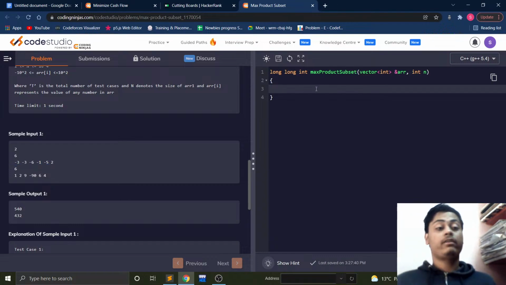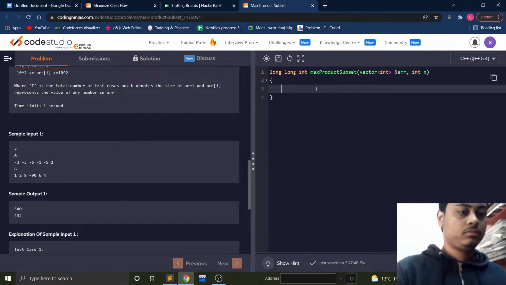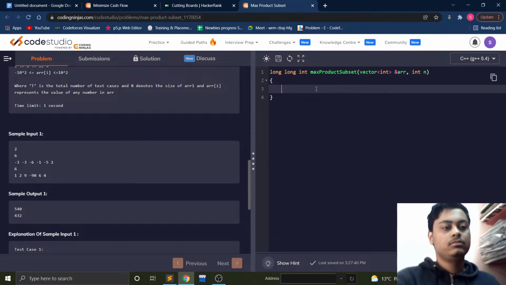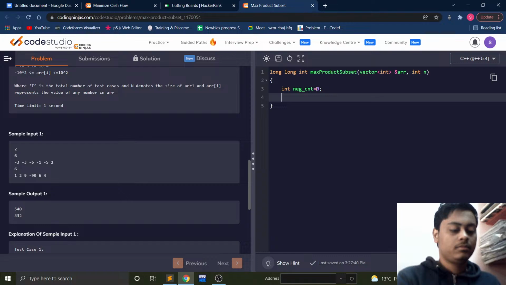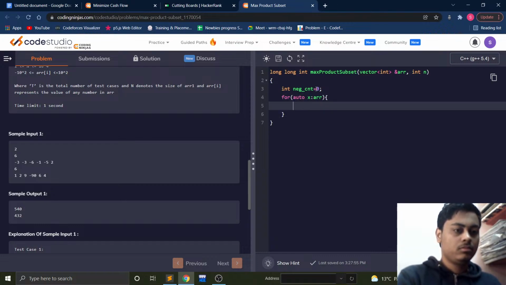Let us count the number of negative numbers first. Negative count. If x is negative, count plus plus.